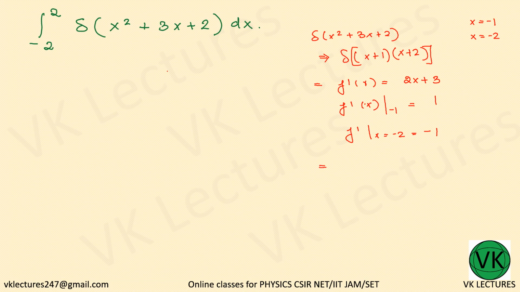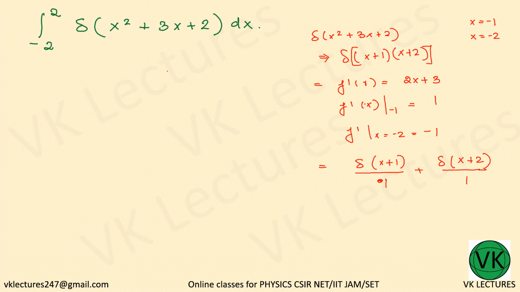Now we have this delta of f of x, you can write it as delta of x plus 1 divided by 1, plus delta of x plus 2 by again 1. Is that okay?